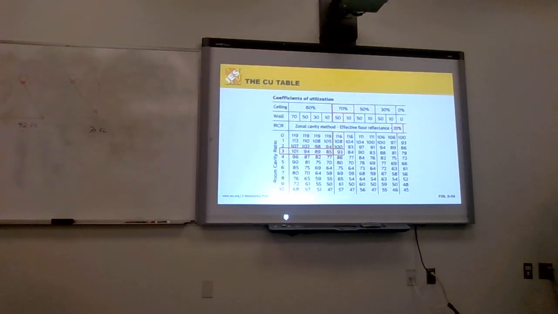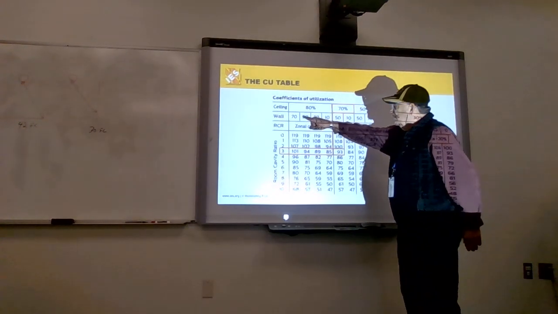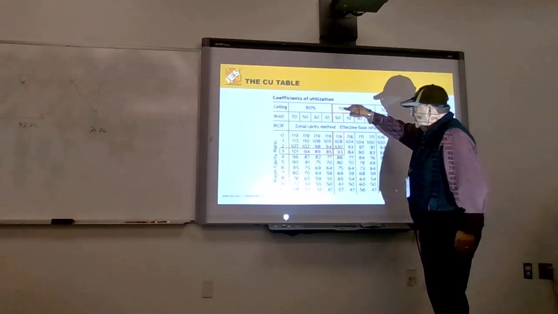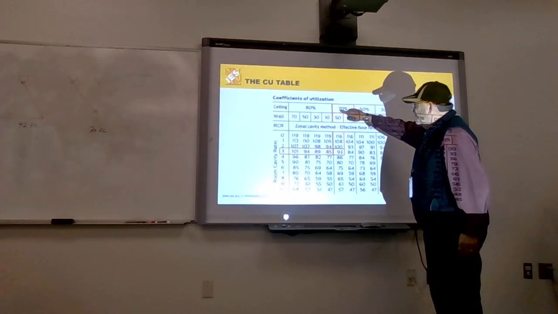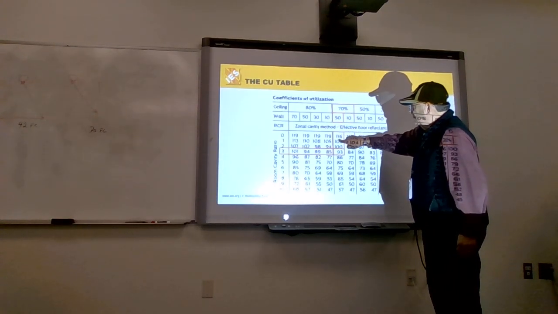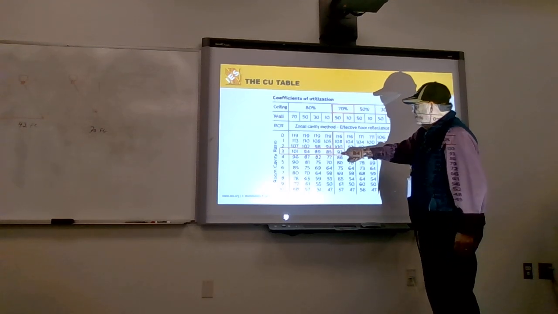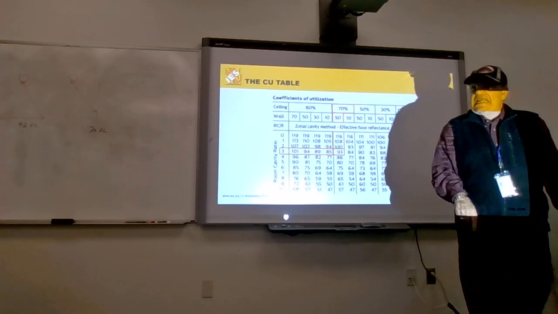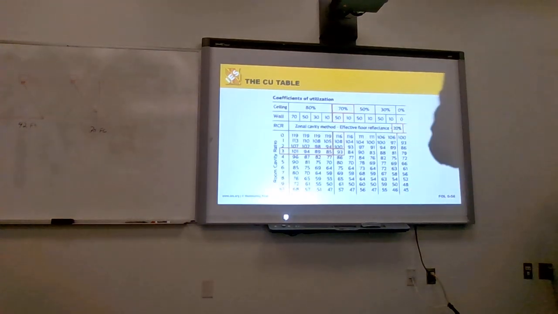Ceiling reflectance is 70 and wall reflectance is 50. So it would be this column here. Because the room cavity ratio is 3, we would expect 93 foot candles. You with me? See how that works?